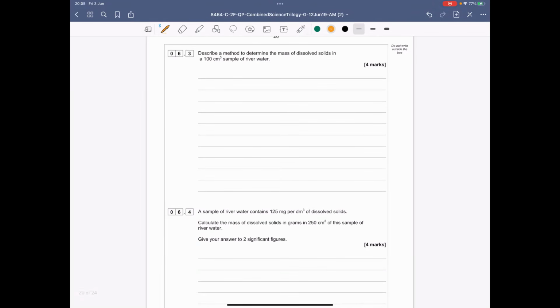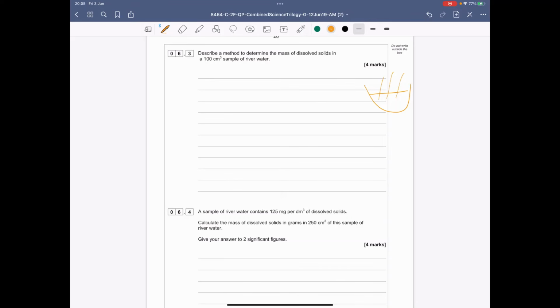Question 6.3. Describe a method to determine the mass of dissolved solids in a 100 centimetre cubed sample of river water. Okay, so we've got this river water. We want to find out how much dissolved solid is actually in it. So in order to do that, we're going to start off with a beaker of some sort. We're going to add the water into it.